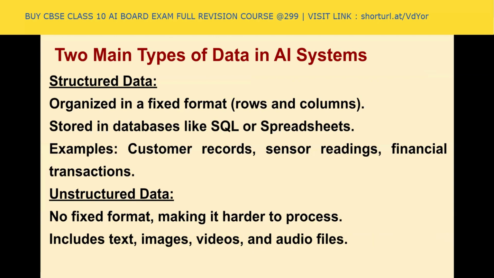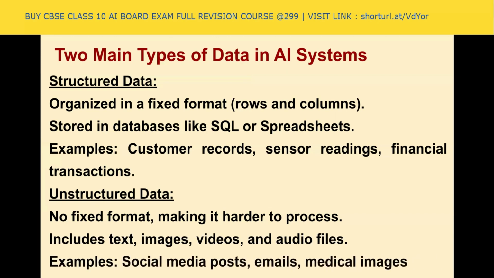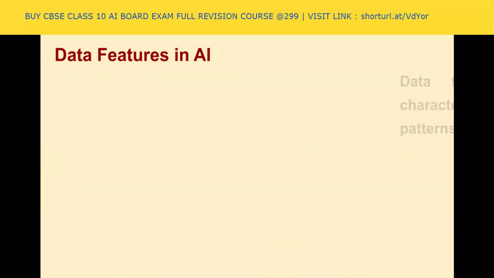These are areas where computers can now help to extract information: social media posts, emails, medical images. So these are kinds of data which are not very structured, and with some kind of AI help, we can extract the information. This might also be a source for an AI project.